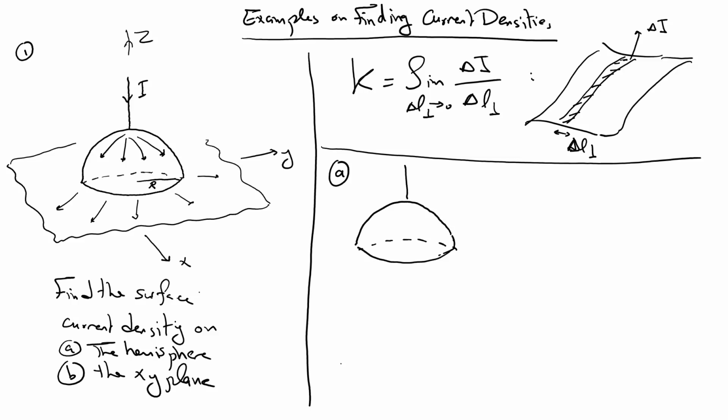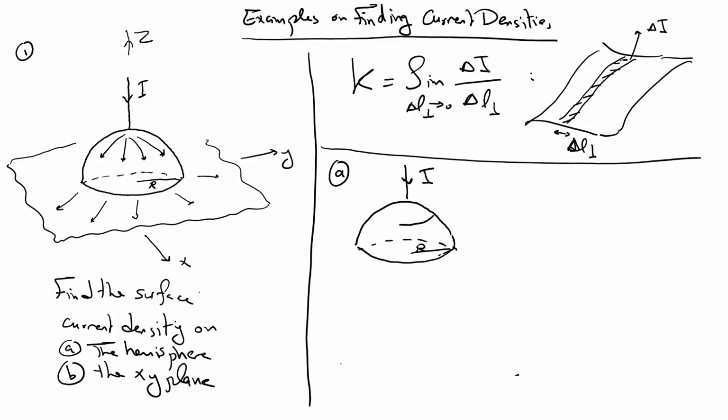It's supposed to be my hemisphere. It has some radius r, and I have a current I, which just by symmetry flows symmetrically down this sphere in all directions.